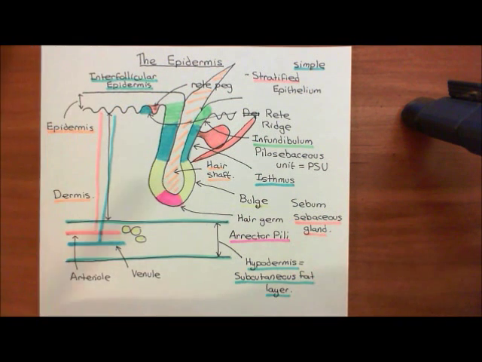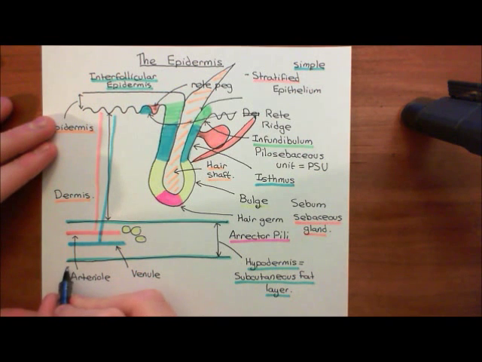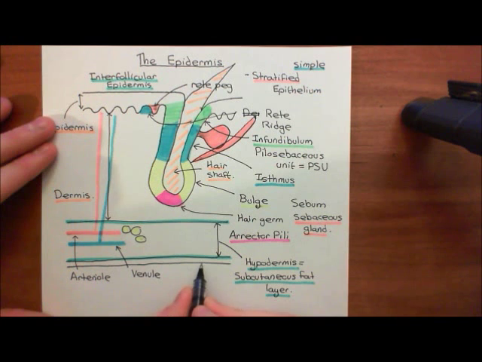Right, then underneath the hypodermis or the subcutaneous fat layer, what you then have is a layer of very tough connective tissue. So I'll put this here. This is known as the deep connective tissue of the skin.